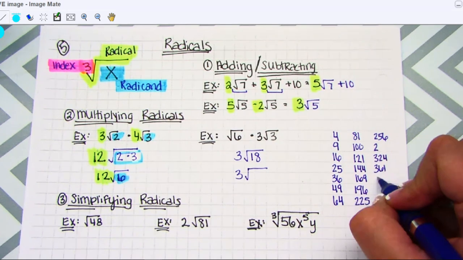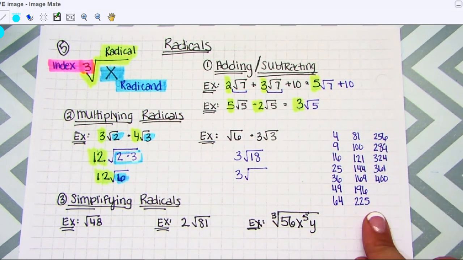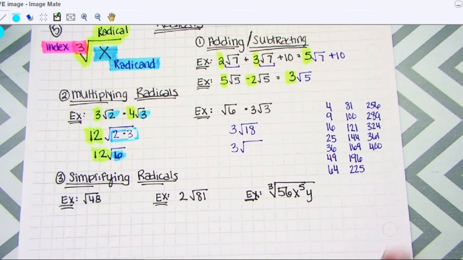So these are all perfect squares. So hopefully we can remember those. If not, you can at least remember up to 12.